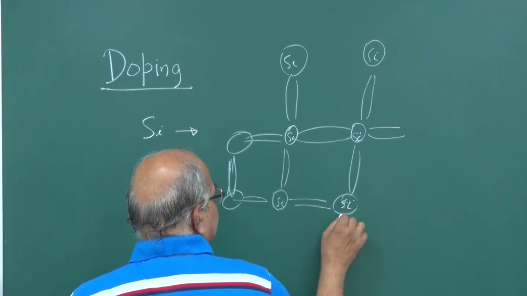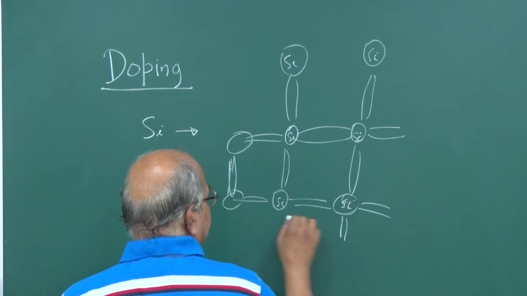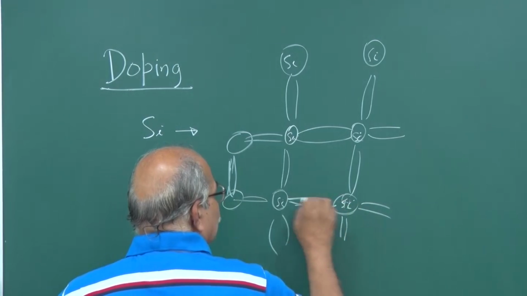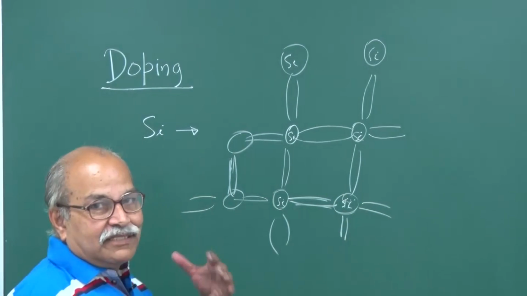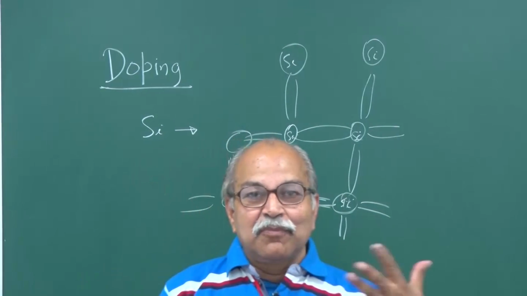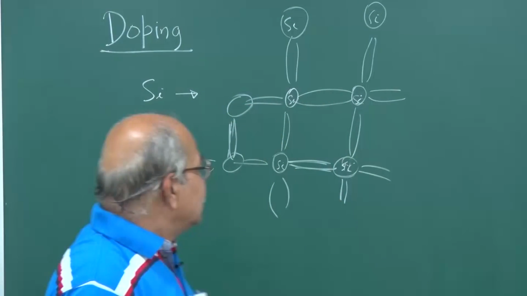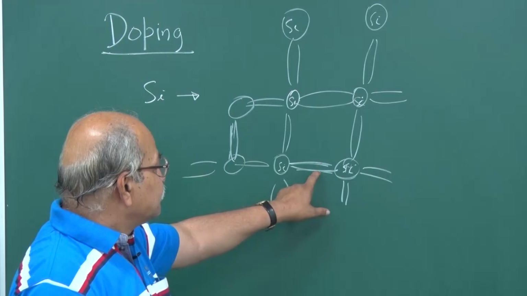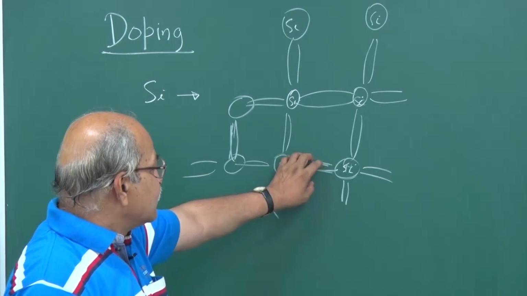Don't confuse this with a double bond, right? 2 lines are also used for double bond, triple bond and so on. These are to represent that it is a covalent bond and 2 electrons are in this bond.